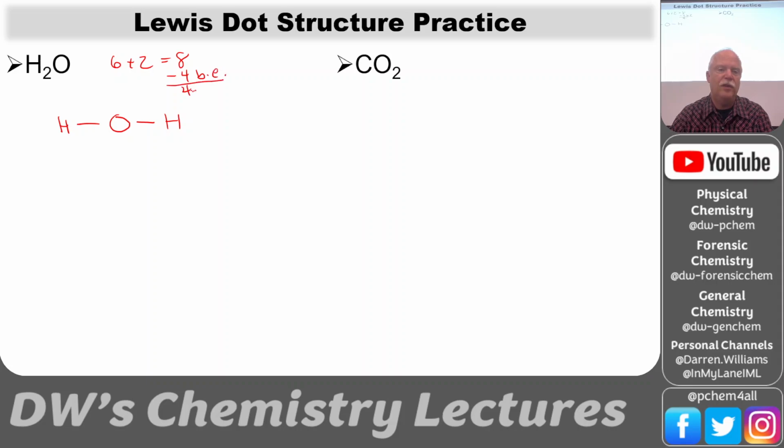So I have 4 left, and I put them on the most electronegative element. So there's my water. Okay, and then we use VSEPR, the valence shell electron pair repulsion theory, and we see 4 electron domains.